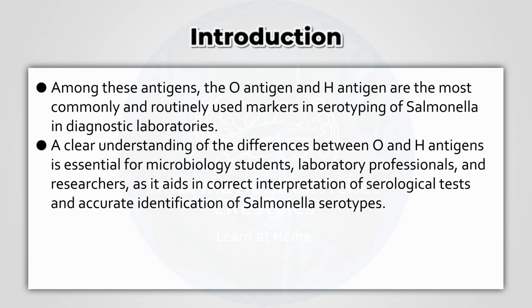A clear understanding of the differences between O and H antigens is essential for microbiology students, laboratory professionals, and researchers, as it aids in correct interpretation of serological tests and accurate identification of Salmonella serotypes.